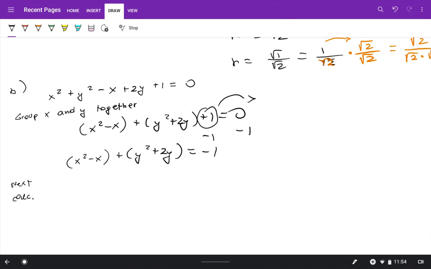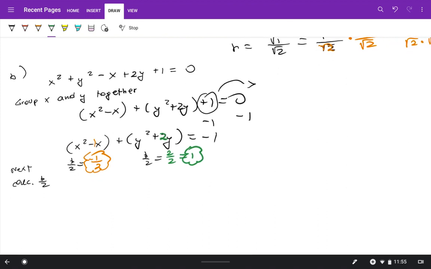Next, what you're going to do is calculate b over 2. So b over 2 from the first group, b is the number in front of x, so you have negative 1 divided by 2, and that will be in parentheses. The second b over 2, b again is the coefficient in front of y, so we have 2 divided by 2, that's equal to 1, that will be in the parentheses.